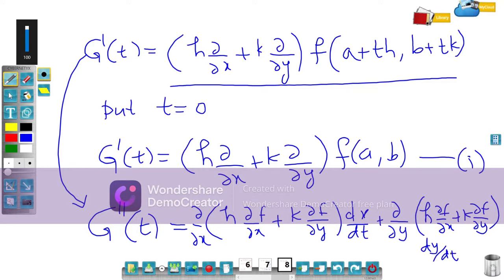Now again I am going to replace dx by dt as h and dy by dt as k. So if I substitute that, then this partial derivative I can take inside. Similarly I can take this inside.